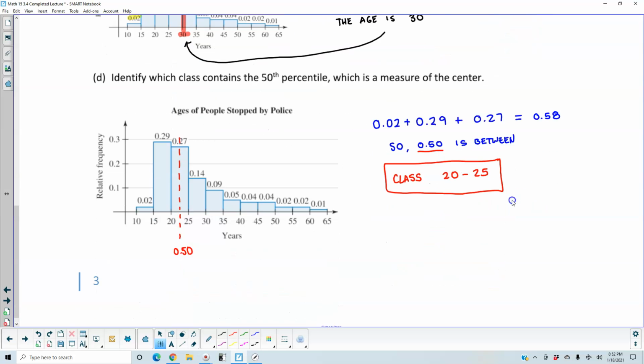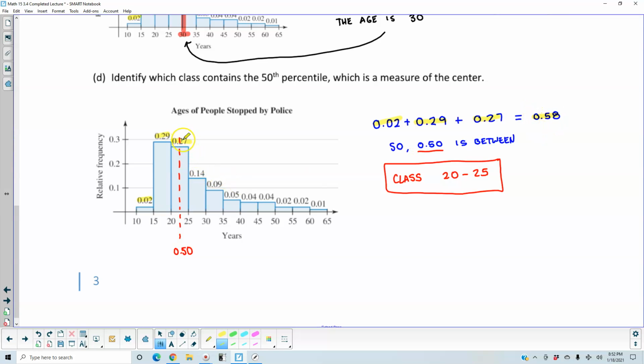Next question. It says, identify which class contains the 50th percentile, which is the measure of the center. So what we're going to do is add these relative frequencies. We have 0.02, and if we add 0.29, and then if we add 0.27, that gives us 0.58.